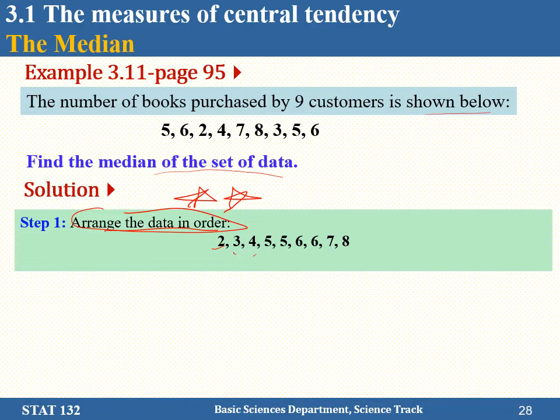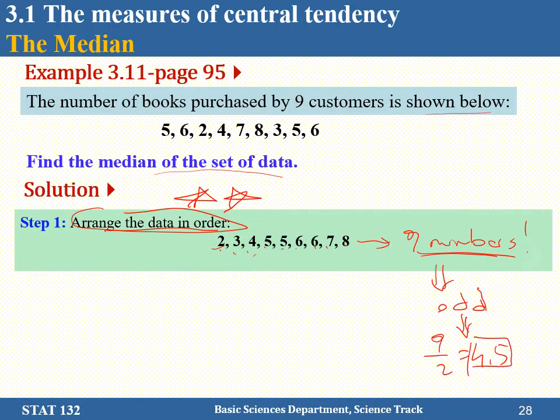Now we look at the number of values: 1, 2, 3, 4, 5, 6, 7, 8, 9. There are 9 numbers here, so it's an odd number. What you can do here is find the middle number. When you divide 9 by 2, you will get 4.5.